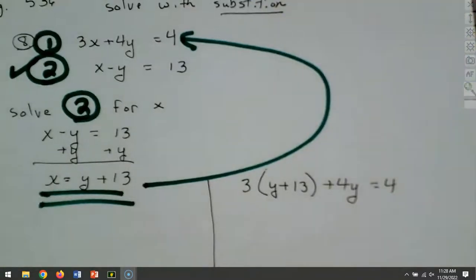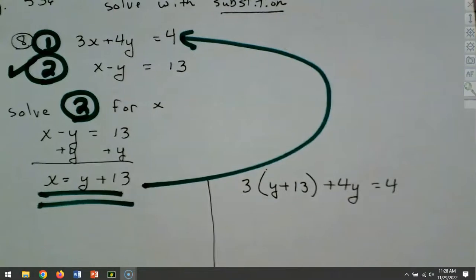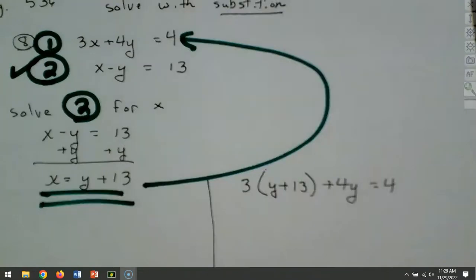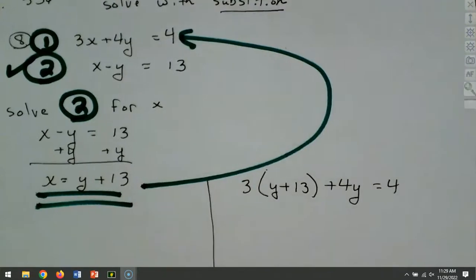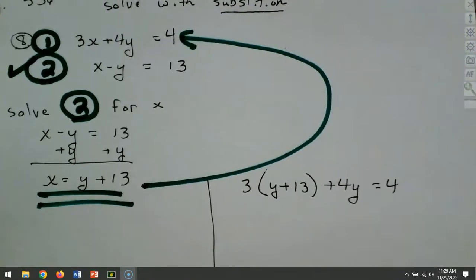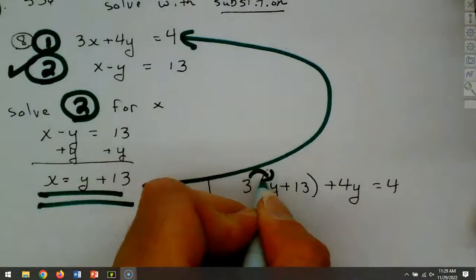Now look at what we have. Well, now we've got something that we can solve directly for one of the variables. There's only one variable left, and we can find that variable as a number. That's what we do. We eliminate one of the variables, the substitution, to get the other one. So let's finish this up. Distribute that 3 through.